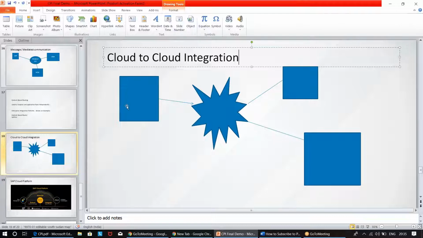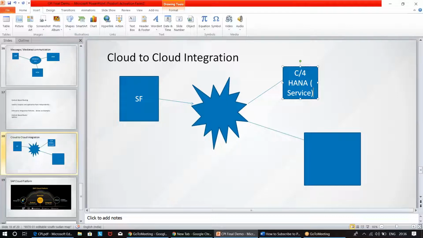So right now what exactly has SAP done? They have taken your SF, they replicate employee to your C4 HANA system, where actually your service parts take place. Okay, so this is kind of a cloud to cloud integration, and the beauty of CPI is that we do have pre-packaged content.